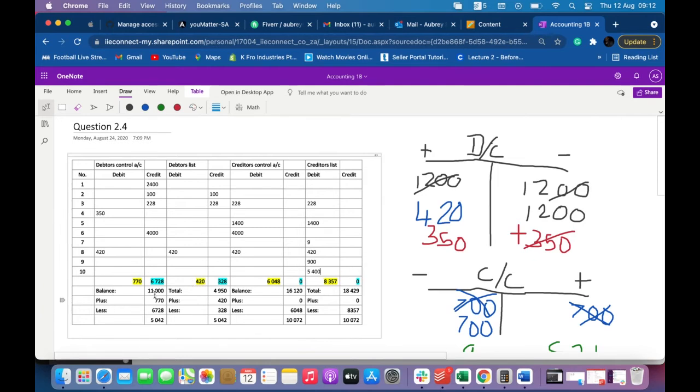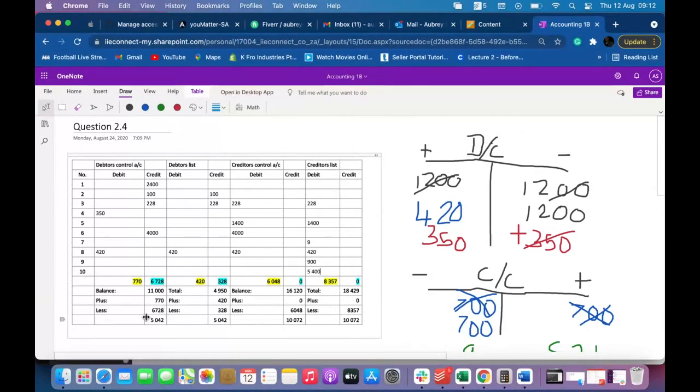Your next job is to say, what was my previous balance on the debtors control, for example? It was 11,000. I know the debit side increases my debtors control, so we're going to add that. Can you see plus? 770.